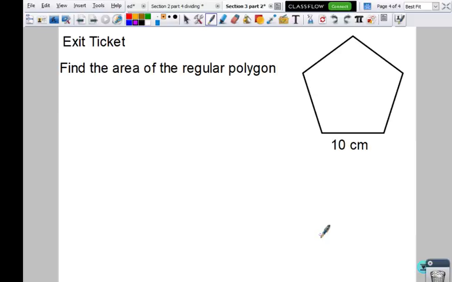So I want you to start by finding your perimeter, and then get your pentagon here set up with your apothem. And then I'll let you work on it for a little bit, then we'll talk about it, then maybe you'll finish it off.